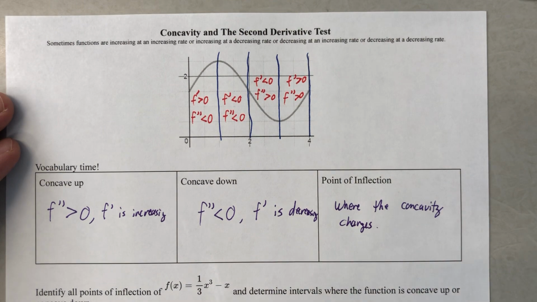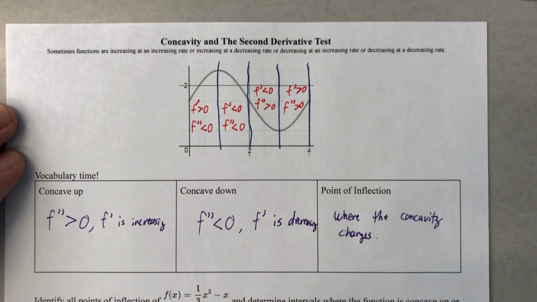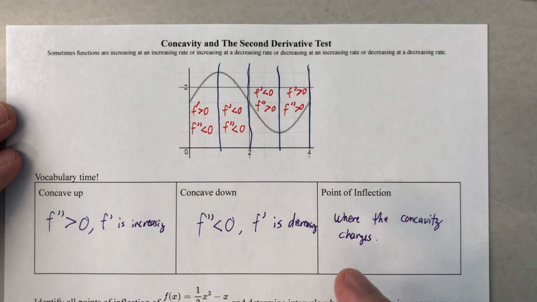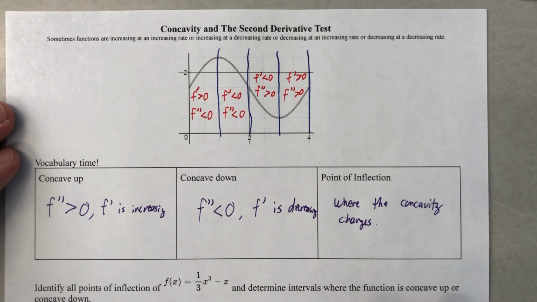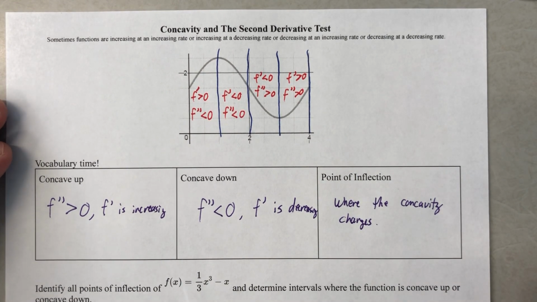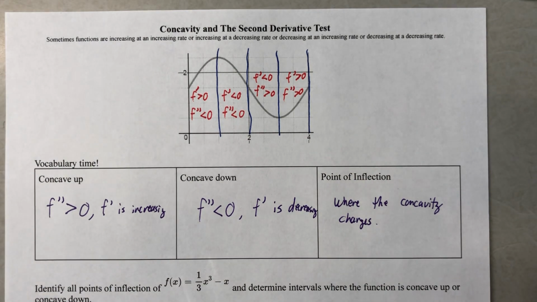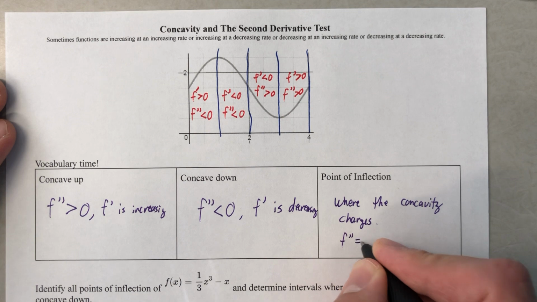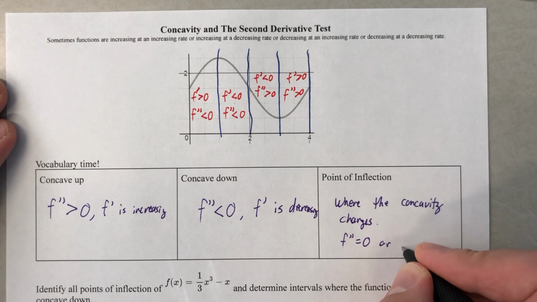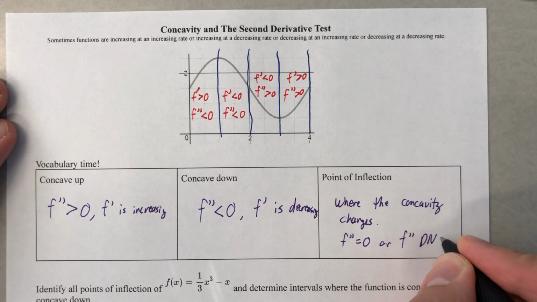And this is very similar to the first derivative test. The first derivative test was where the first derivative equals 0 or does not exist. The second derivative test is going to be where the second derivative equals 0 or the second derivative does not exist.